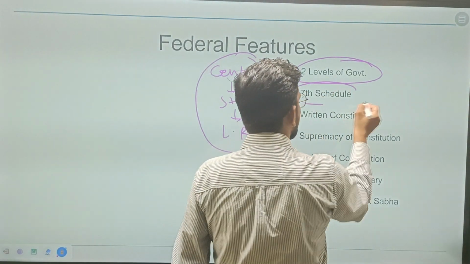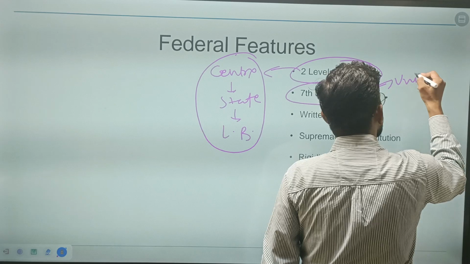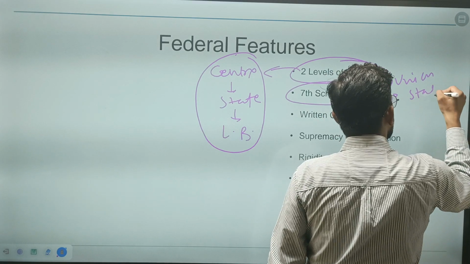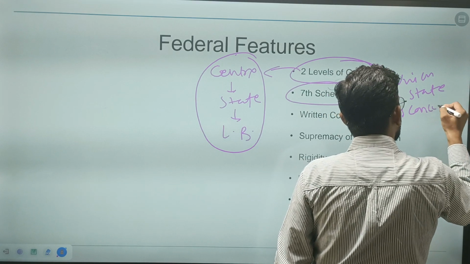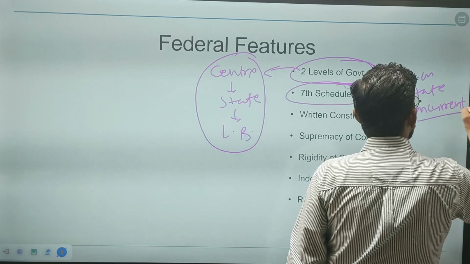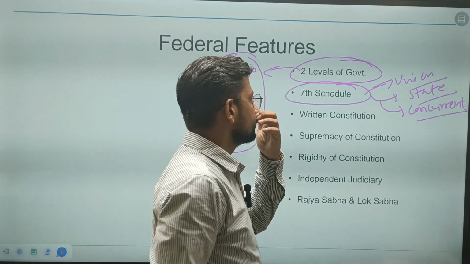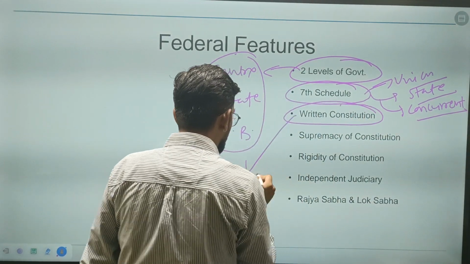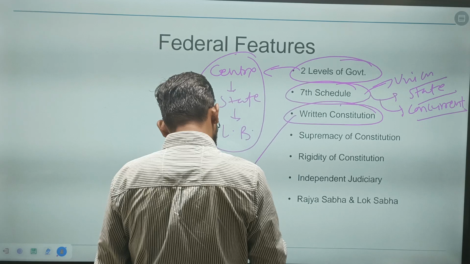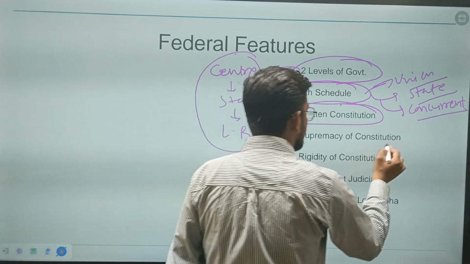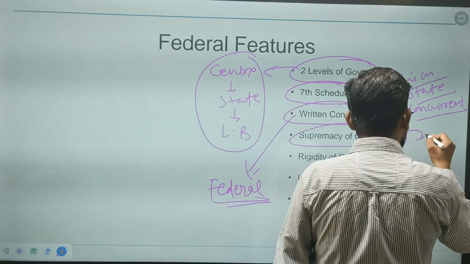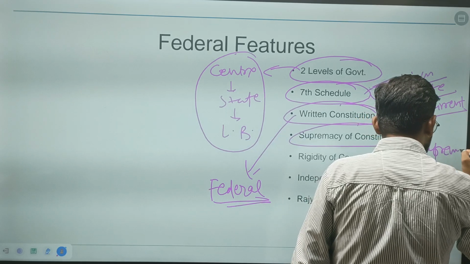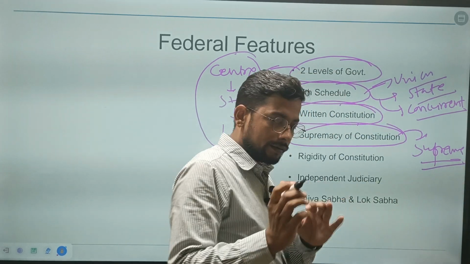Then the seventh schedule has the union list, state list, and concurrent list. So this makes our constitution federal. Then our constitution is written. So this also makes it federal. Then supremacy of the constitution. The constitution will be supreme in all matters. This also makes our constitution federal.